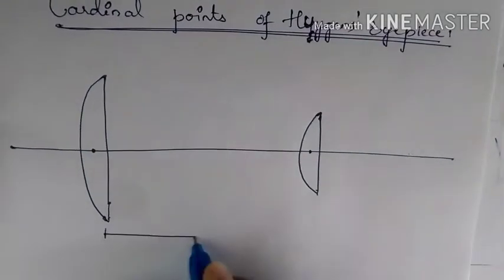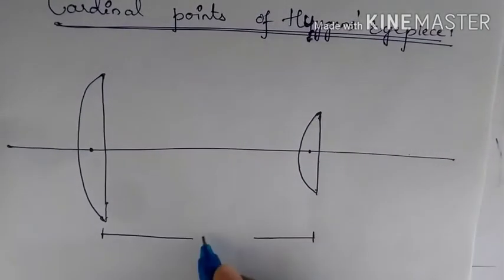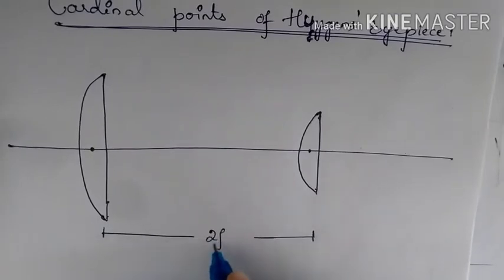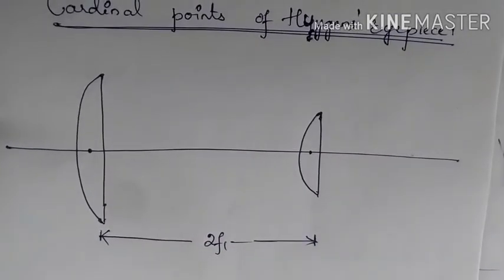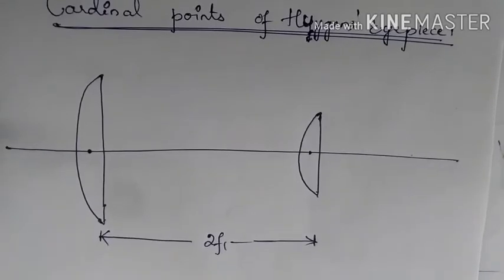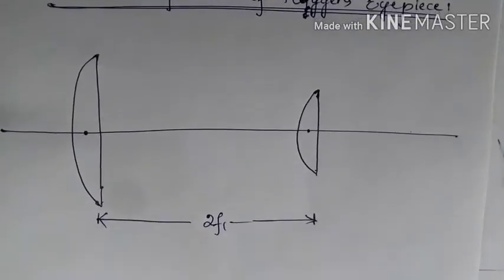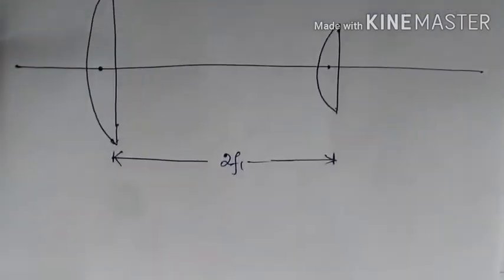We know that the distance between the two lenses is 2f1. So let us denote this as 2f1. And now let us find what is the position of principal point.